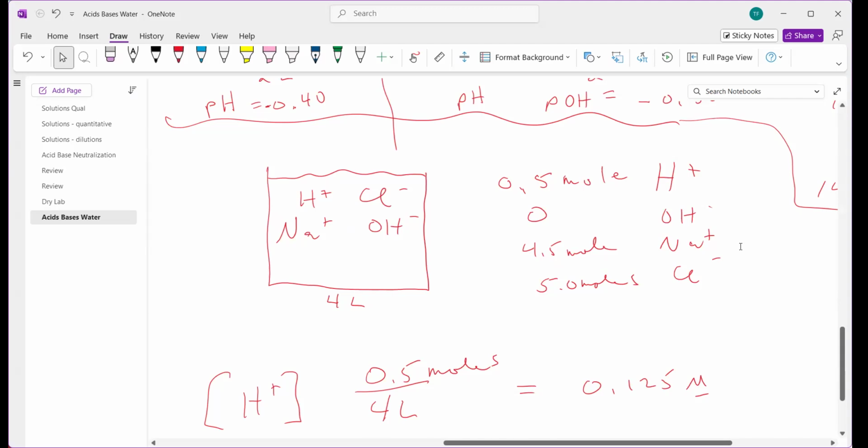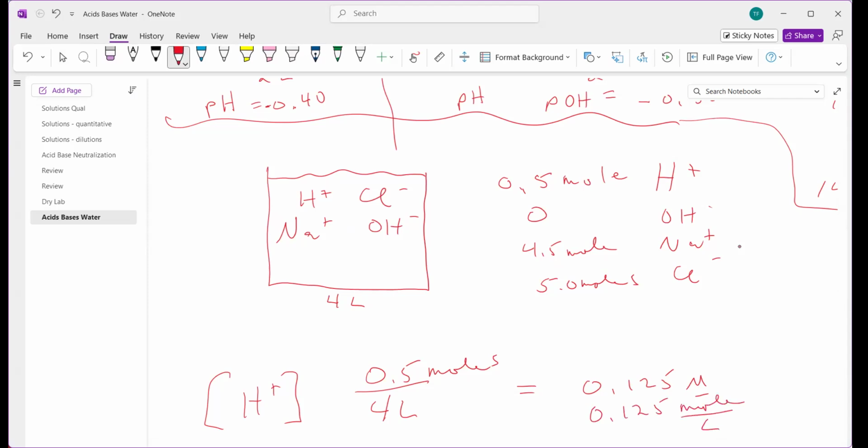You have 0.125 M, and the thing underneath it, that's what I'm talking about. Uppercase or lowercase? Okay. It's just to distinguish the m's. That's the problem.